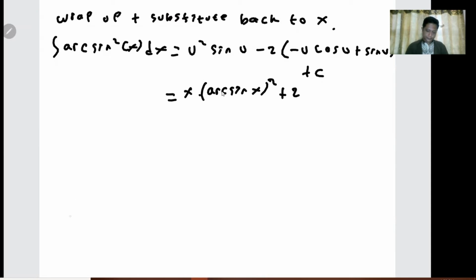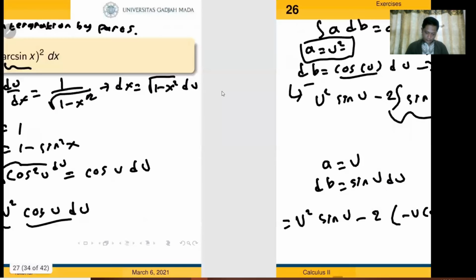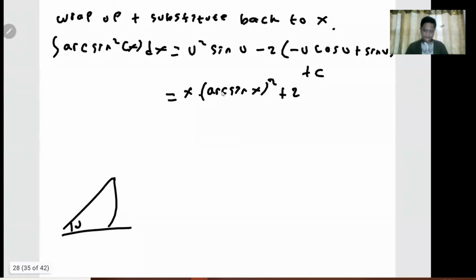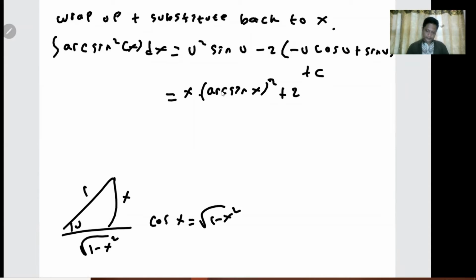Cosine. If X is sin U, then cos X should be the square root of 1 minus X squared, right? So I have 2 times the square root of 1 minus X squared.